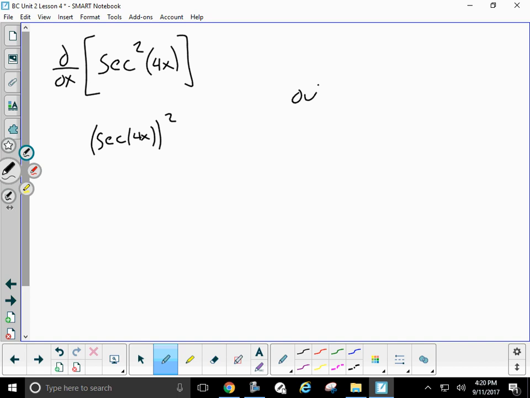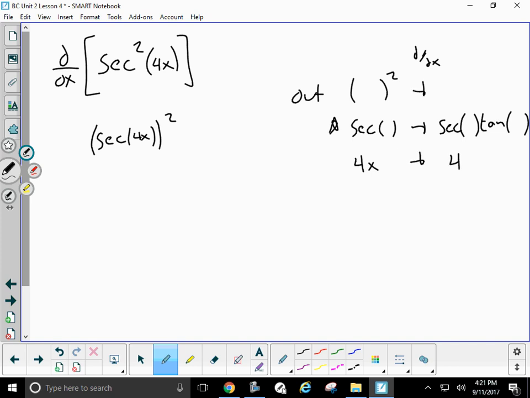We have an outermost piece, which is the stuff being squared, a middle piece, which is the secant of stuff, and an inner piece, which is 4x. Now, I'm going to pay special attention to the middle piece. Its derivative is secant tangent, but we would write it secant of, tangent of. It's very important not to just write it next to each other or to write secant x tangent x. It's the secant of times the tangent of whatever we have.